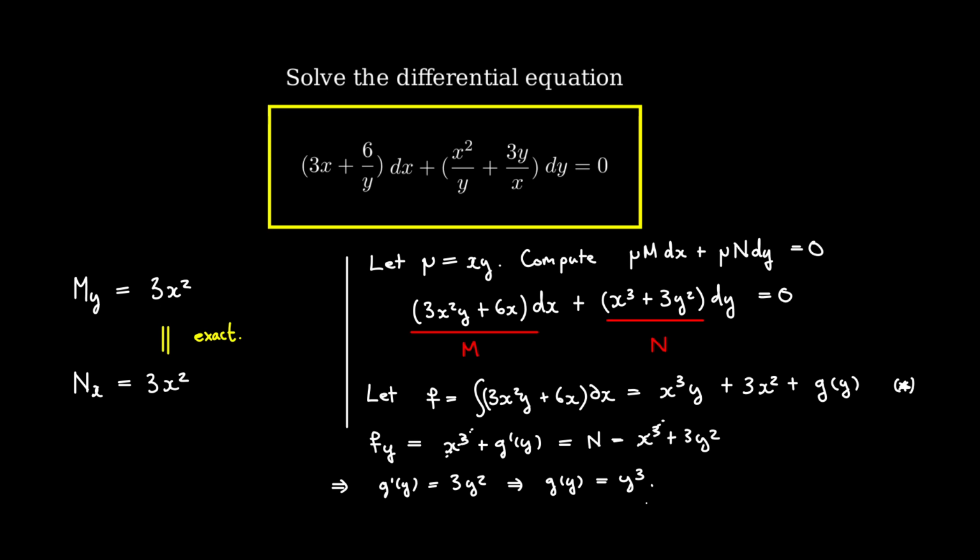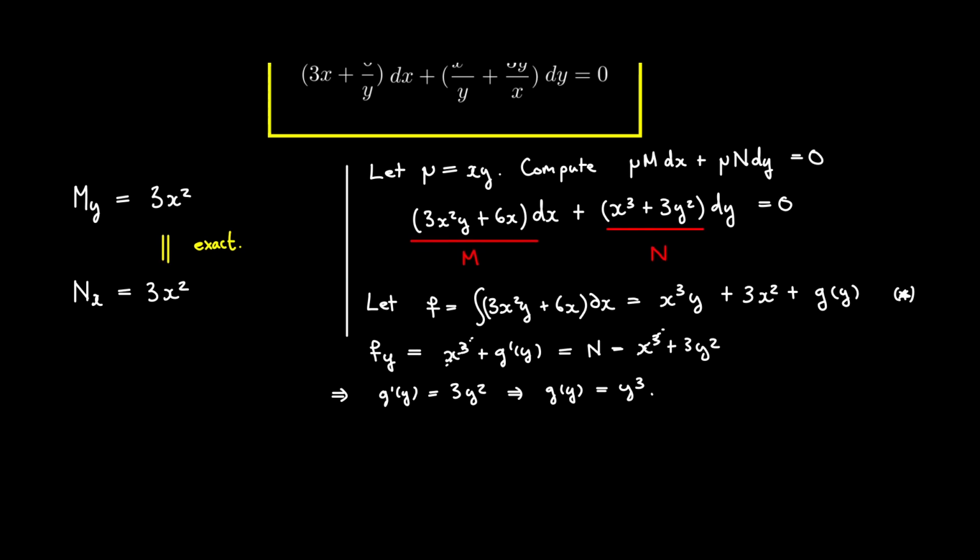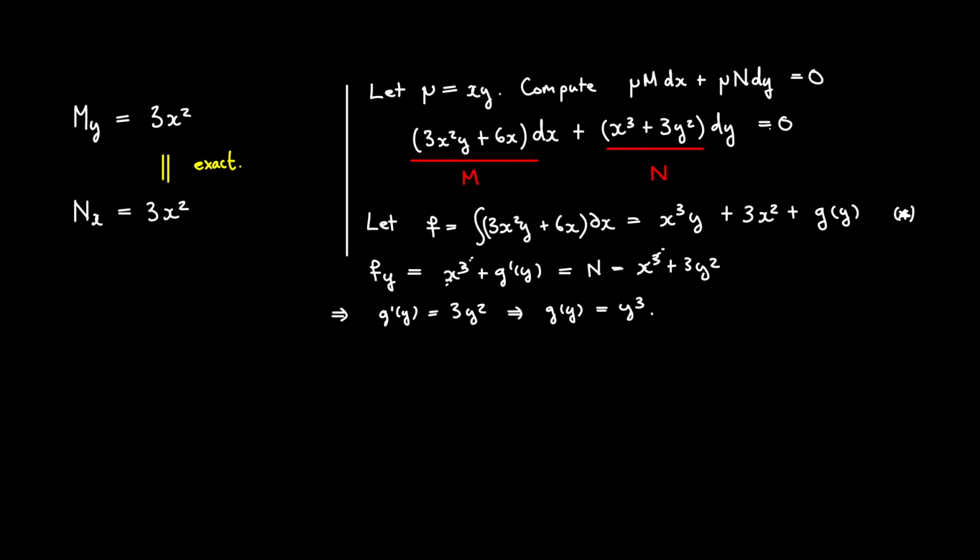Great, and so that means that the final solution is just going to be, so I'll write that down below. So the final solution here is just going to be, you set f of x, y equal to a constant.